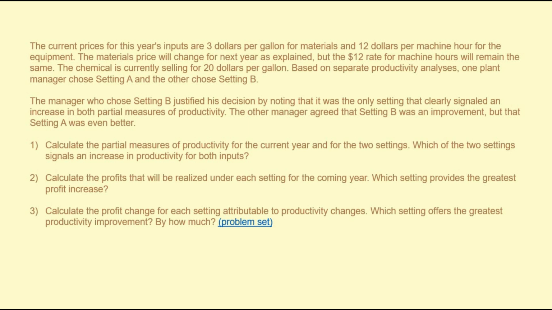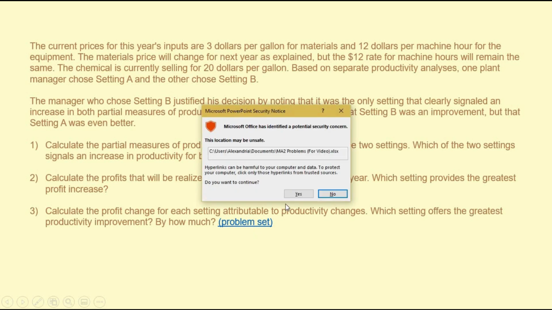And number 3, calculate the profit change for each setting attributable to productivity changes. Which setting offers the greatest productivity improvement? By how much? So let us solve this problem in Excel.